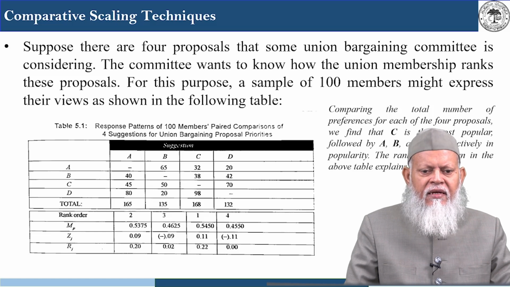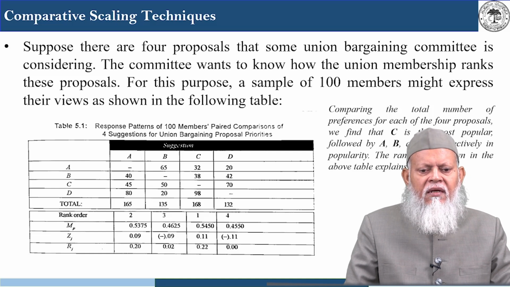In a similar way, B preferred to A is 40, B preferred to C is 38, B preferred to D is 42. C preferred to A is 45, C preferred to B is 50, and C preferred to D is 70. And D preferred to A is 80, D preferred to B is 20, D preferred to C is 98.